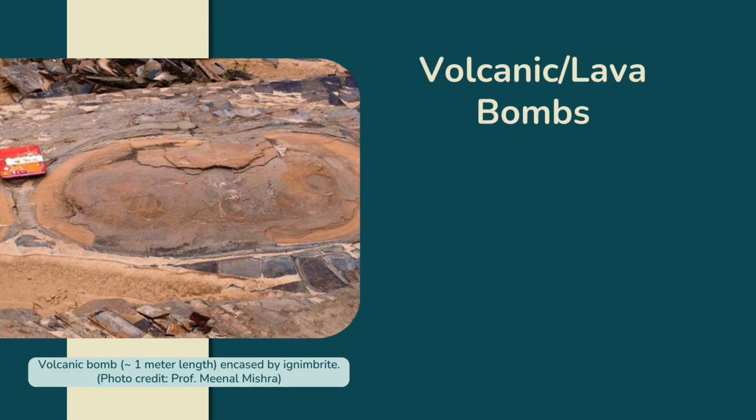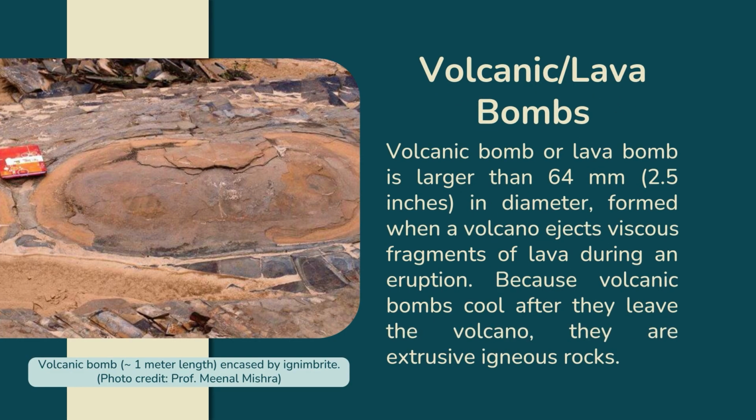This is a larger structure called a volcanic bomb. This is the whole volcanic bomb, larger than 64 millimeter diameter, formed when a volcano ejects viscous fragments of lava during an eruption. Because volcanic bombs cool after they leave the volcano, they are extrusive igneous rocks.